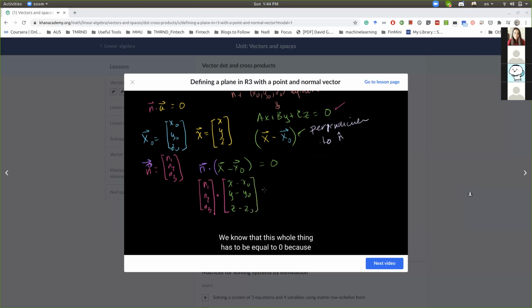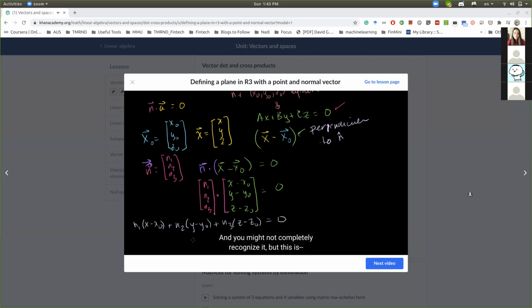We know that this whole thing has to be equal to 0 because they're perpendicular. If we take the dot product here, we get n1 times x minus x naught plus n2 times y minus y naught plus n3 times z minus z naught is equal to 0.